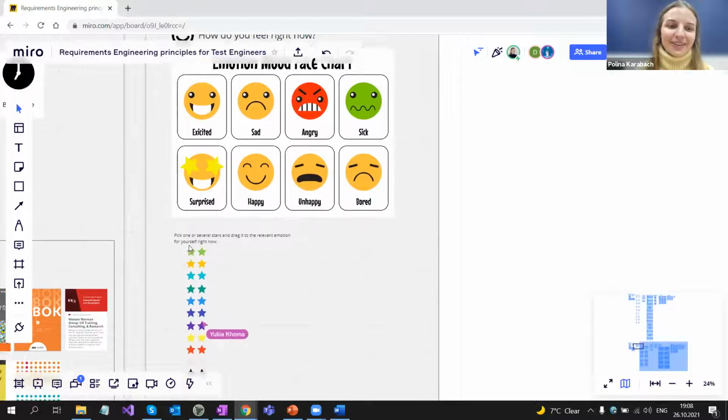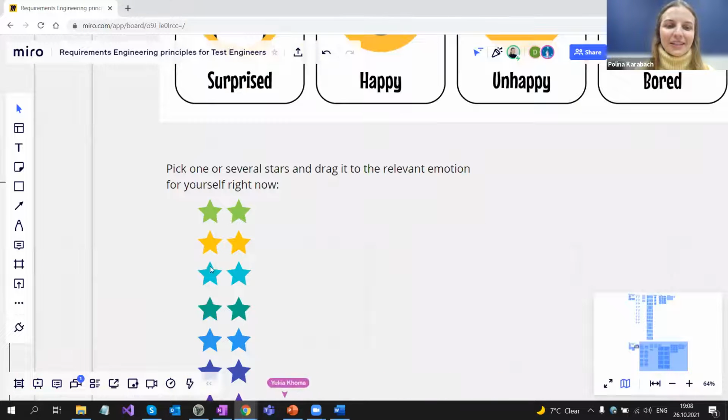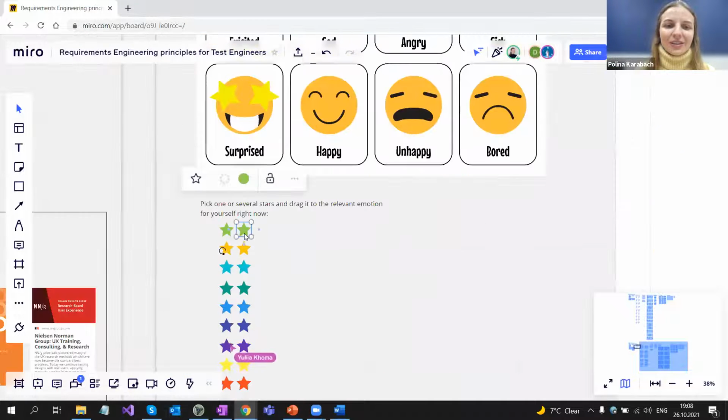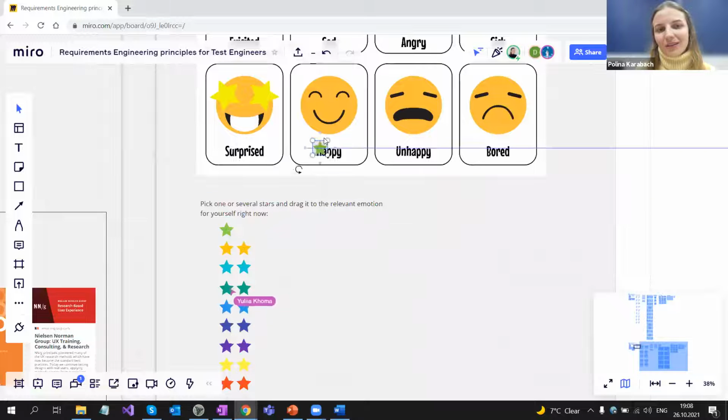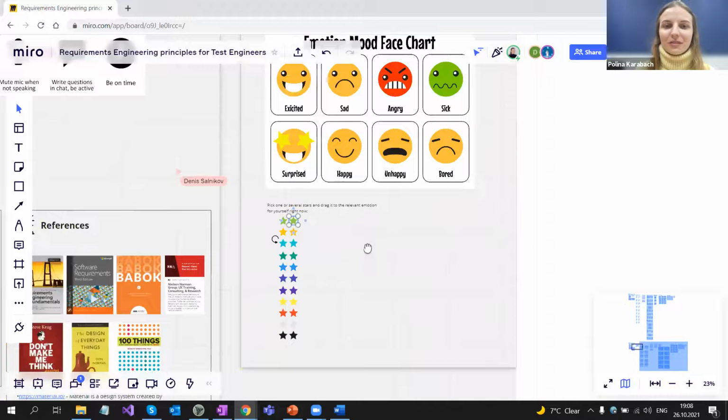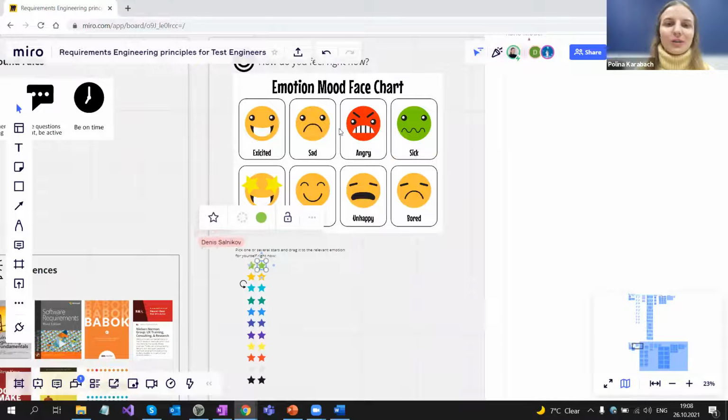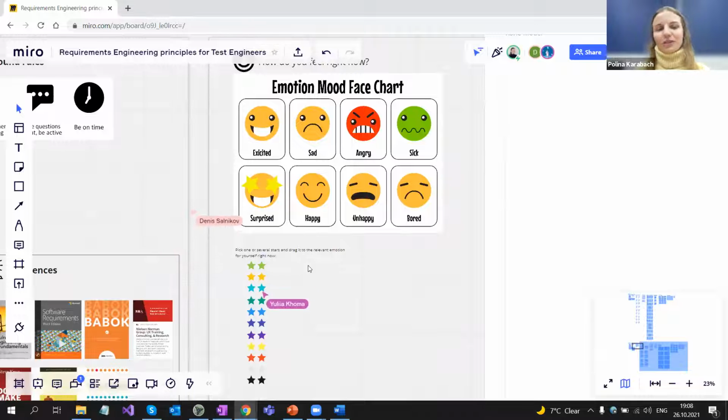You can pick any stars of any color and just grab one and hover them onto the emotion that you are feeling right now. So for instance, you are happy or bored, or you are excited. So you can use the 2 stars of the same color and just put them on a board.